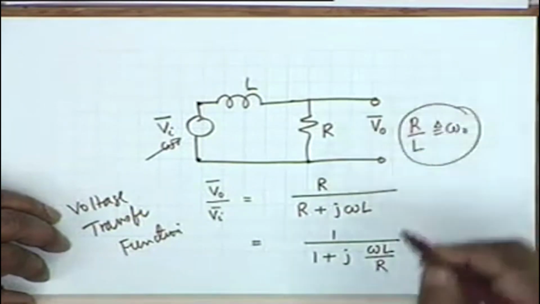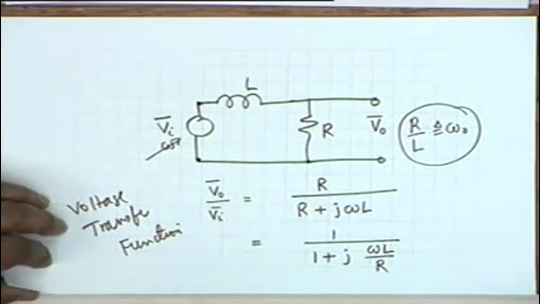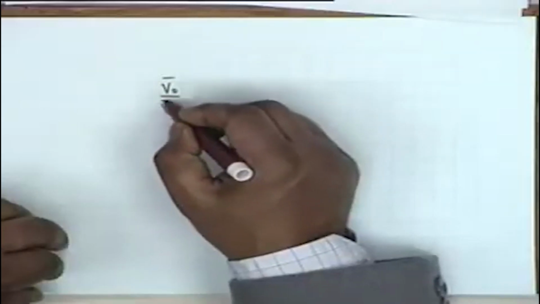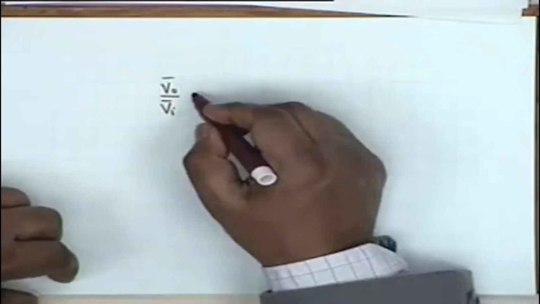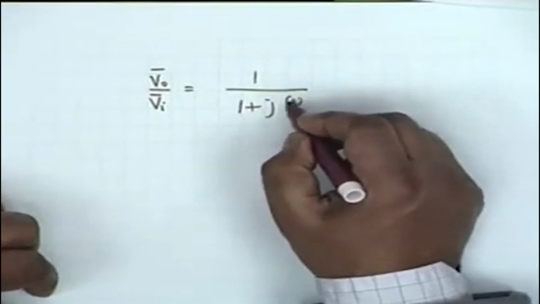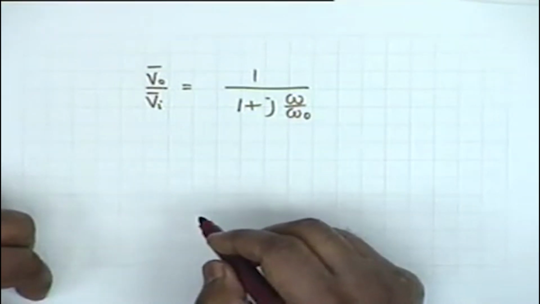Define the quantity R by L as omega 0. Then you can write for this circuit V0 by Vi, the ratio of the two phasors, as equal to 1 by 1 plus j omega by omega 0. Alright, is that clear?